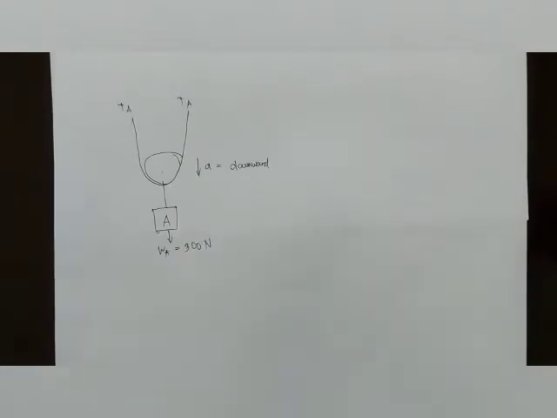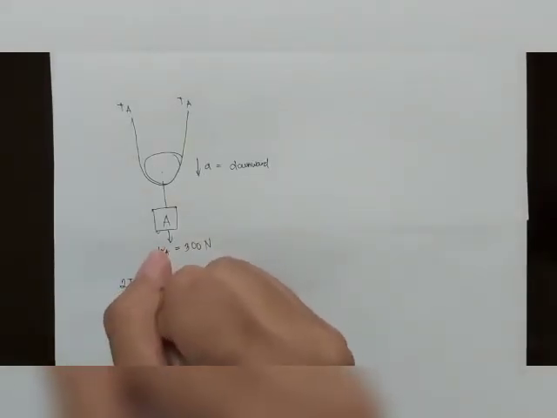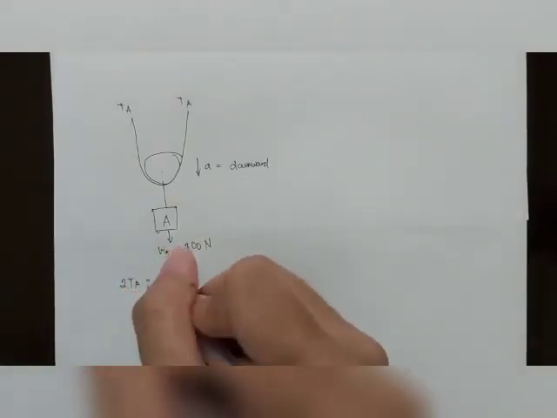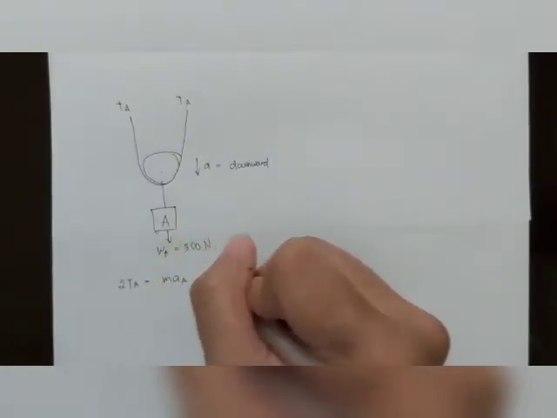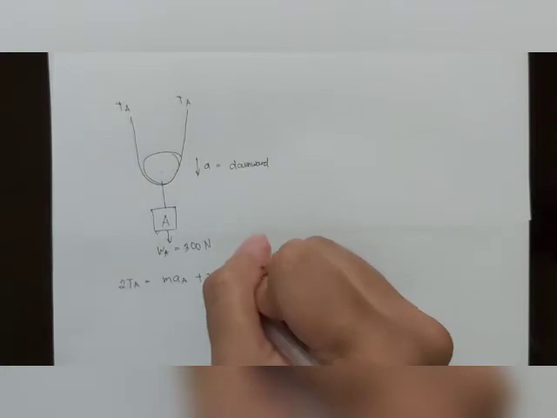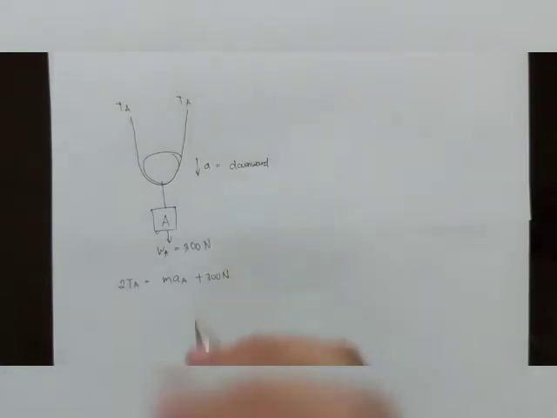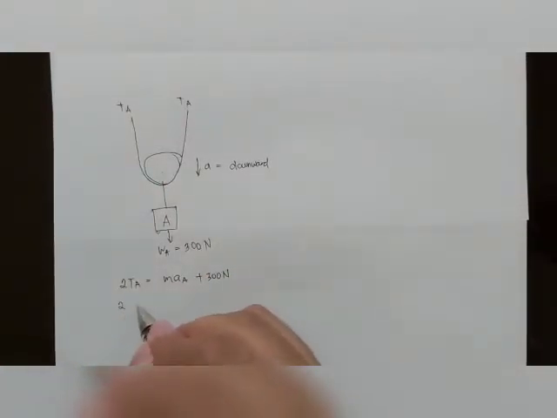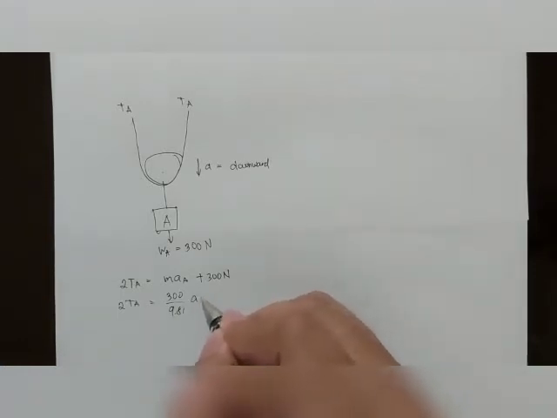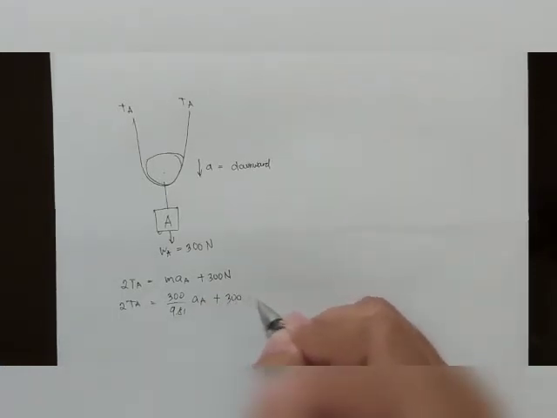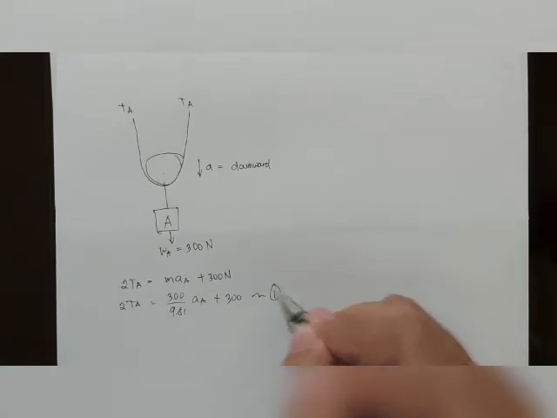So, we have equation 2TA is equal to mass times acceleration of A plus 300 Newton, yung weight natin. So, 2 times TA is equal to, so yung mass natin, we have 300 over 9.81 times the acceleration A plus 300. So, let's name this as equation 1.